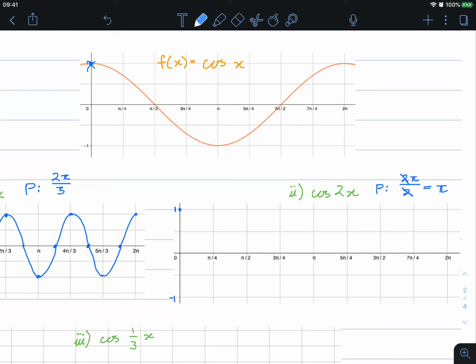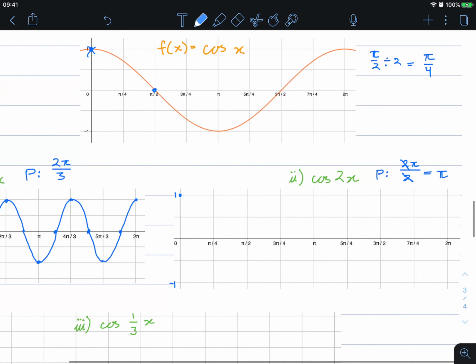This point here at 0 is originally at pi on 2, but we're going to divide this by 2. So this will become pi on 4. So what was originally 0 at pi on 2, so it was originally here, will now be moved to pi on 4, like so.